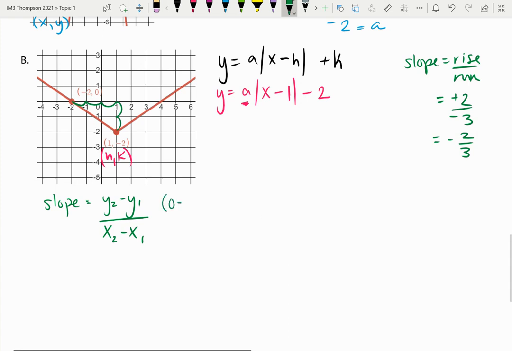So I would take a y minus a y and an x minus an x to get negative 2/3 that way. Either way, from the picture or from 2 coordinates, you can find the slope. That goes in for a.